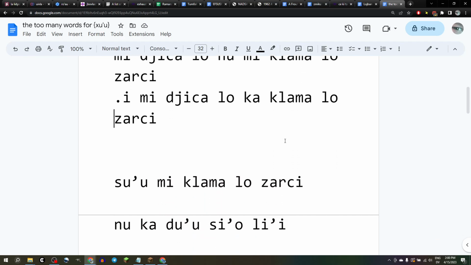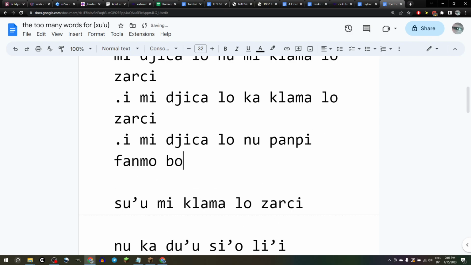Well, I don't think a J2 should be a property, because they were debating this in English. They were like, I don't think it should be a property because what if I want the panpi fanmo? What if I want something that I'm not even going to be there for? It's not even going to be a property that I'm an observer of.